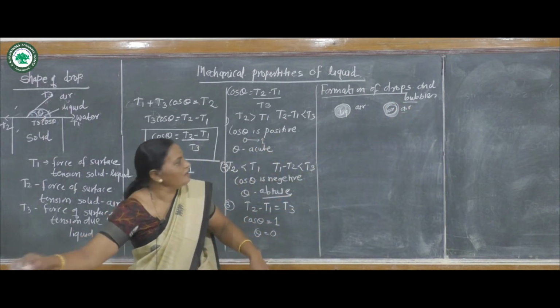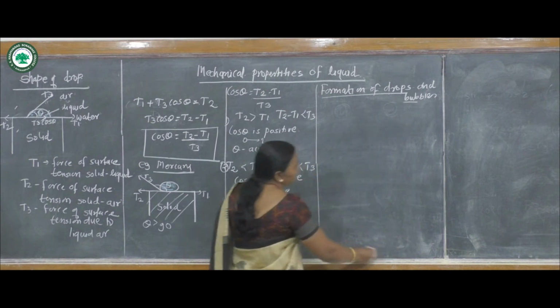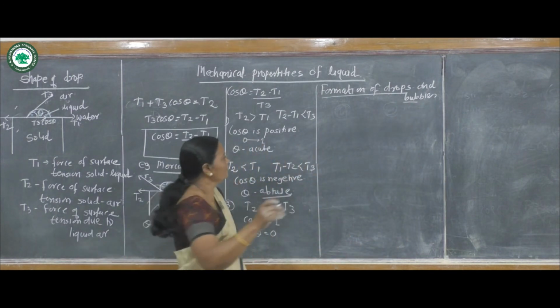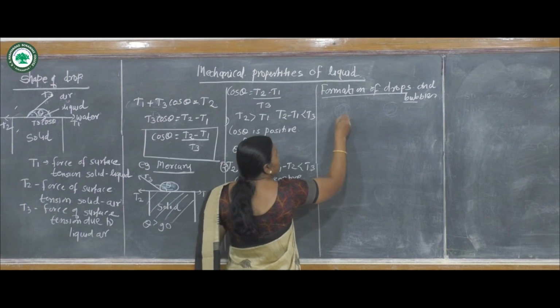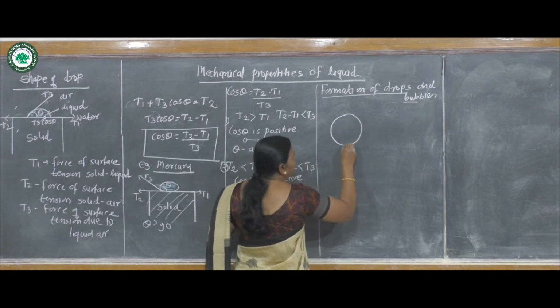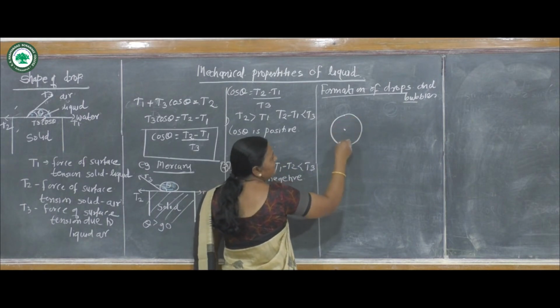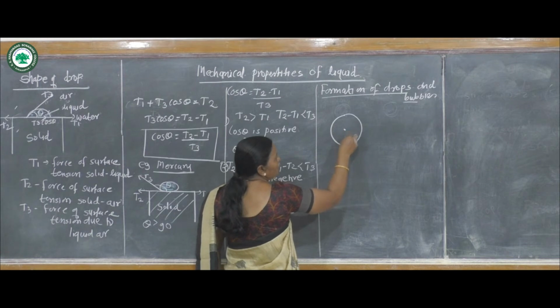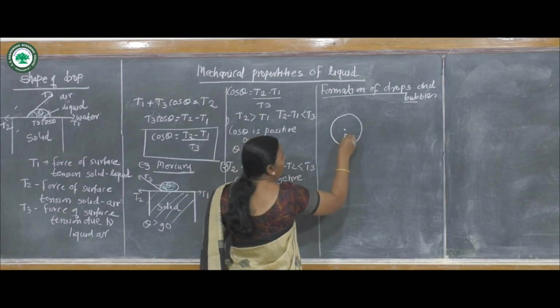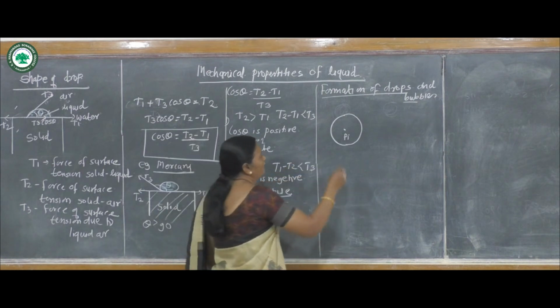Now we see the formation of a liquid drop. See, this is the liquid drop. There is liquid inside this drop, and Pi is the pressure inside the drop.